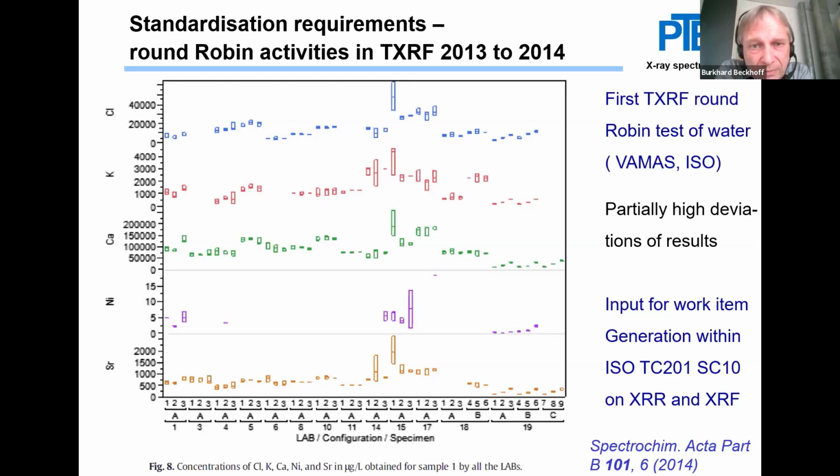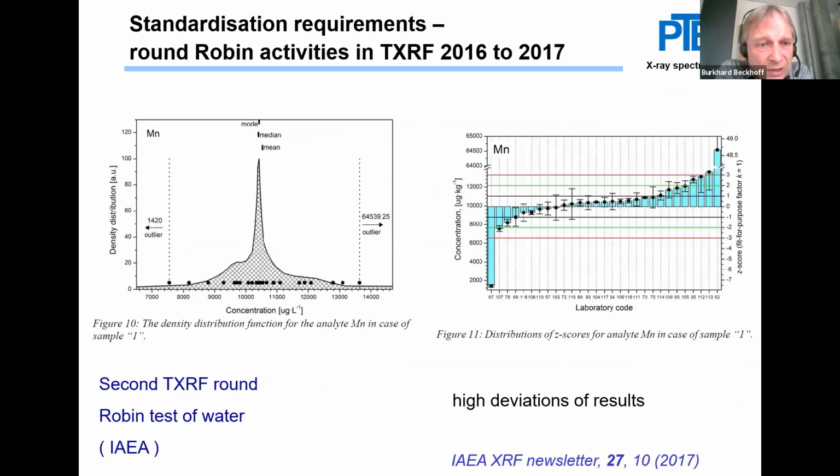One of the attempts to reconsider this work has been performed by IAEA. I think it was 2016, 2017. I put a reference there, and this also showed this typical S-type diagram, but the maximum deviations were rather high.